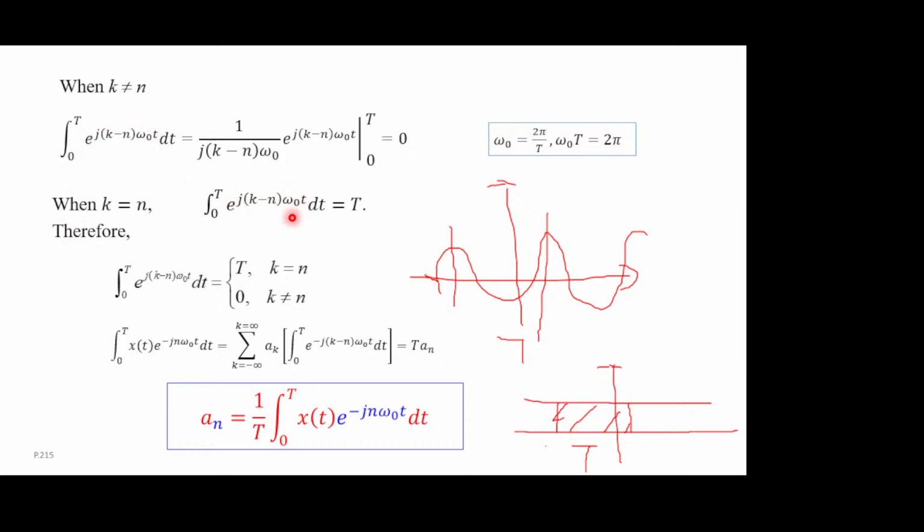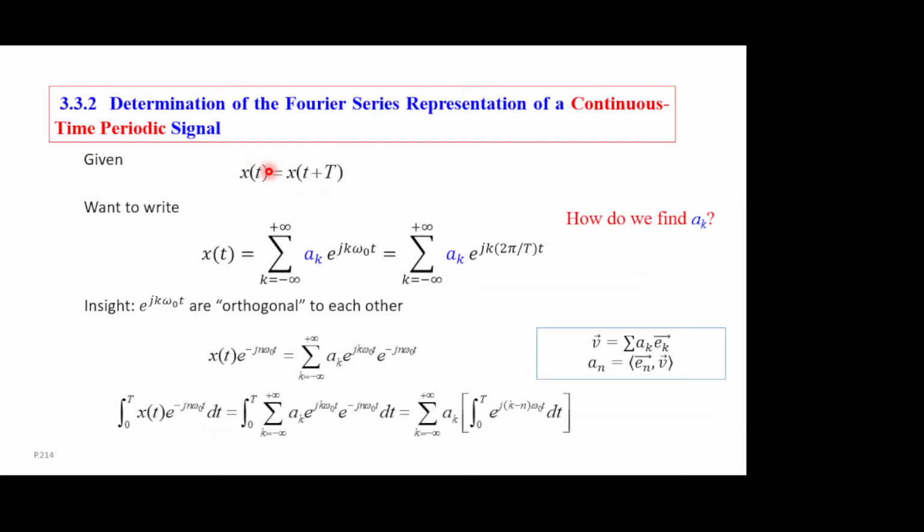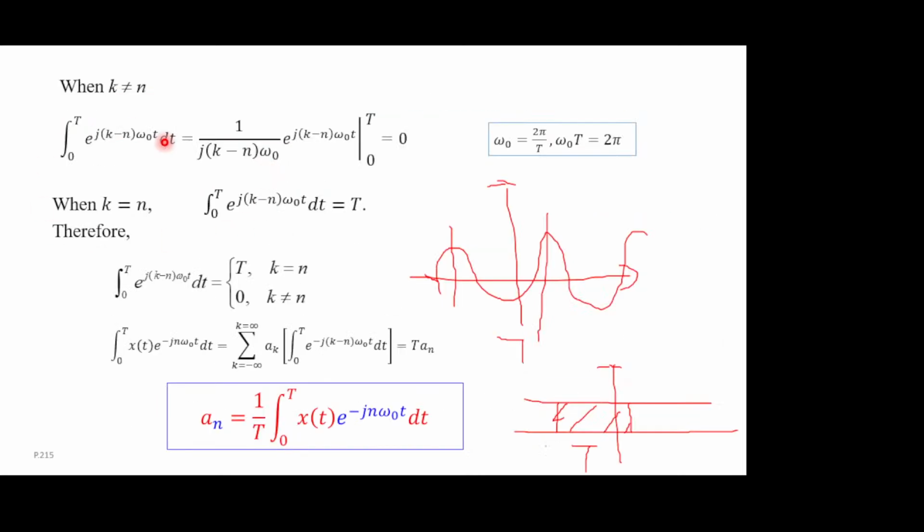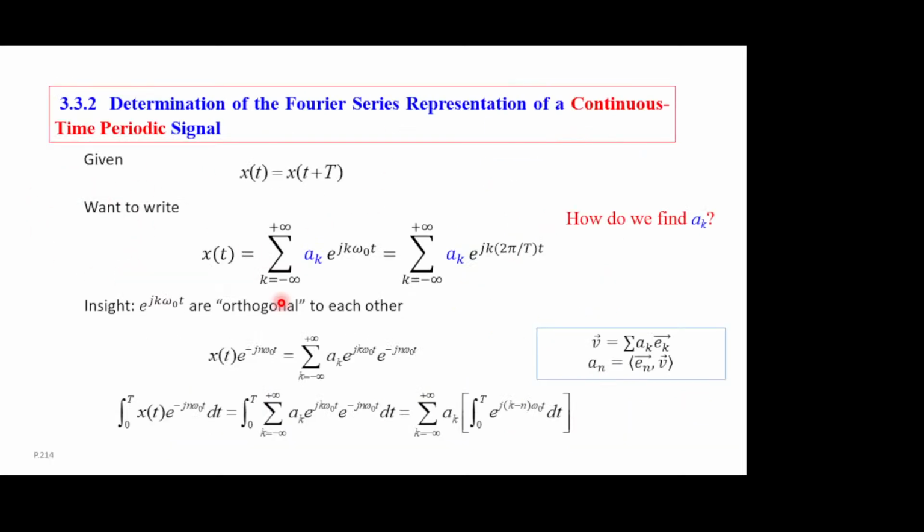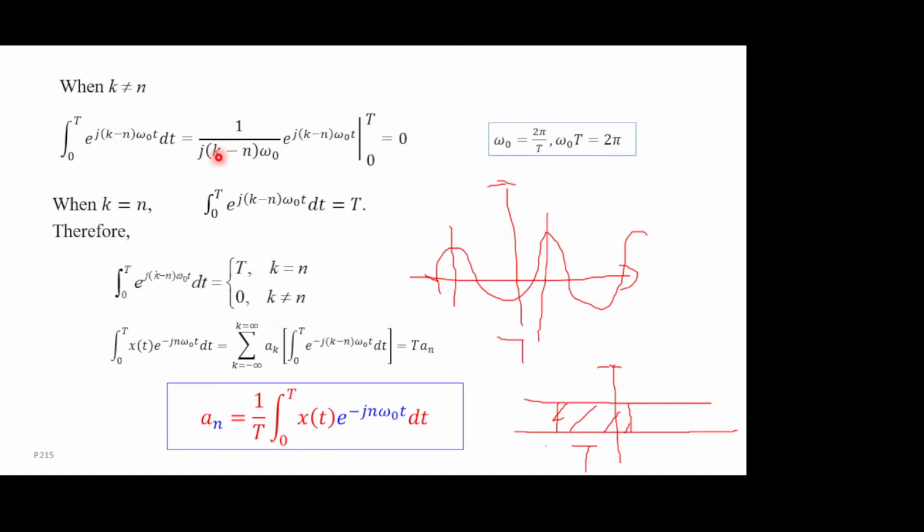This is just e to the 0, so you are integrating 1 over a period of 0 to big T, and that gives big T. Here you see the meaning of orthogonal: this inner product between e to the j k omega t and e to the j n omega t is 0 when k is not equal to n, so those functions are orthogonal, and equal to big T when k equals n.